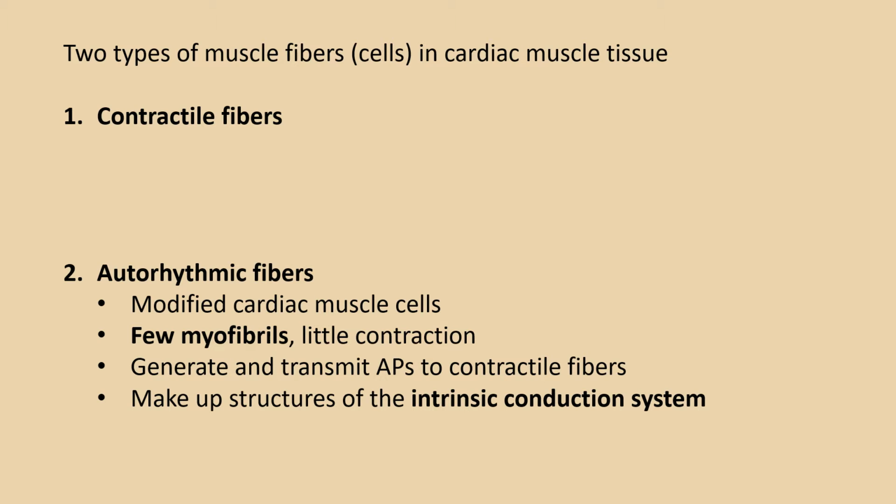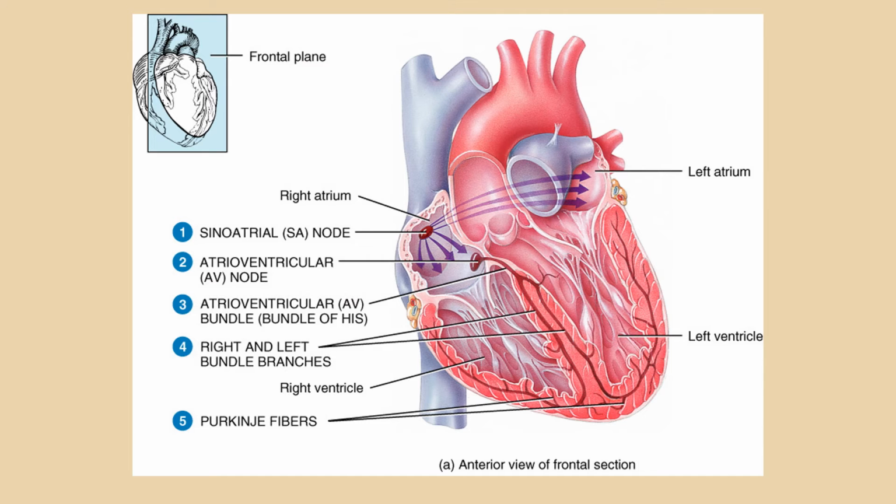And as you recall, in muscle tissue, an action potential precedes contraction. So these autorhythmic fibers are responsible for constantly depolarizing, repolarizing, depolarizing, repolarizing. They generate the rhythm that's responsible for the heart's ability to contract on its own. There are far fewer of them than there are contractile cells.